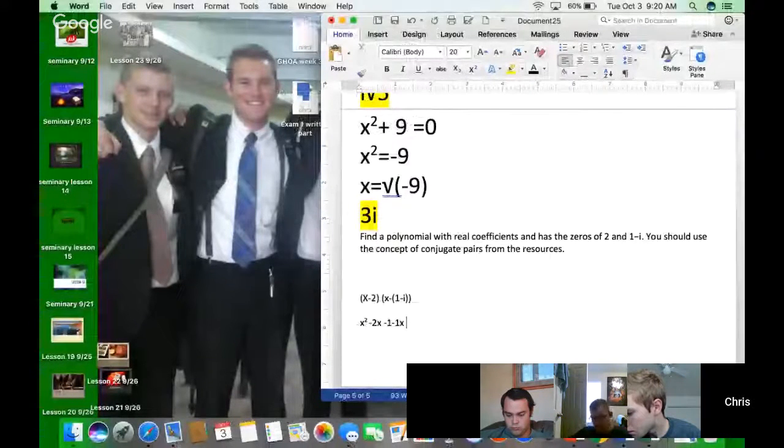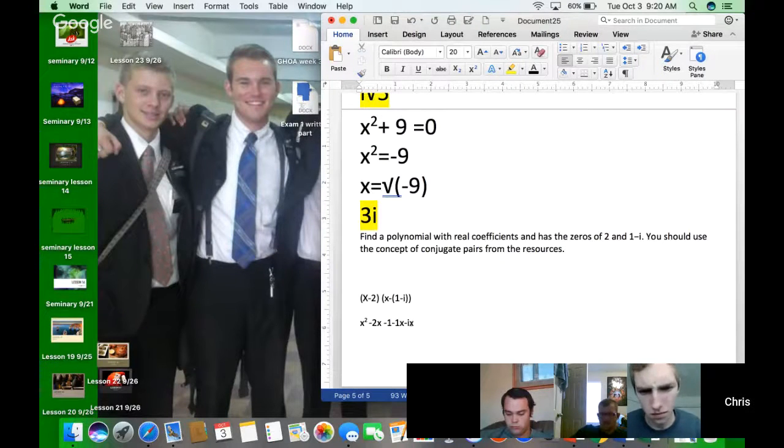Wait, what? That'd be x minus ix. If you factor it out, it would just be x minus ix. There wouldn't be any parentheses if you just factor it out. Oh, right. Okay.